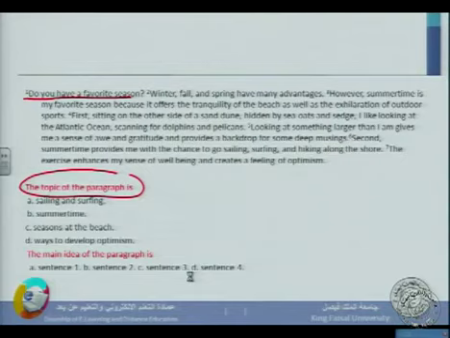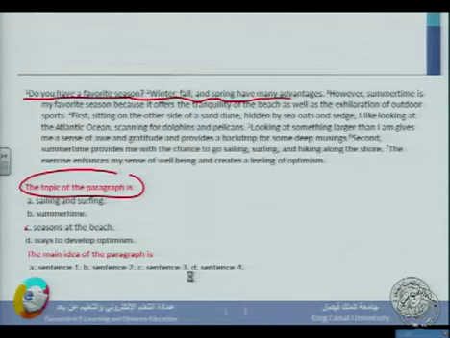So it's talking about what? Seasons, like winter, fall, spring and their advantages. It's talking about seasons.